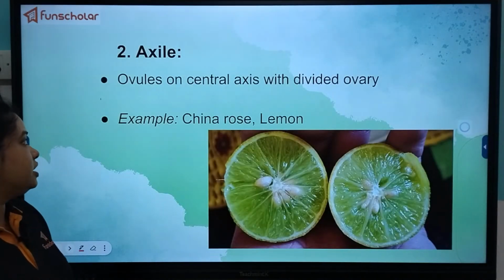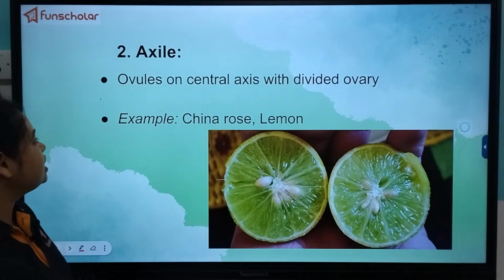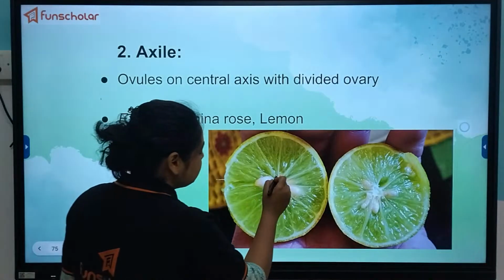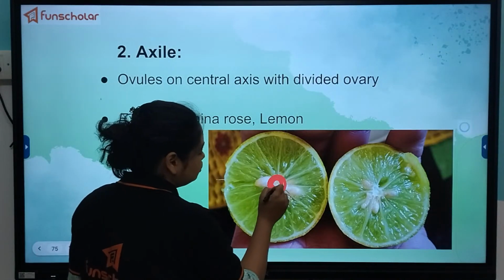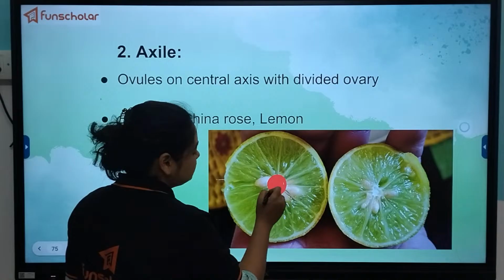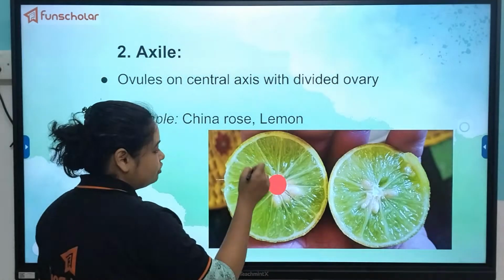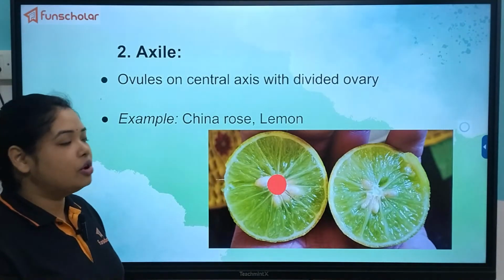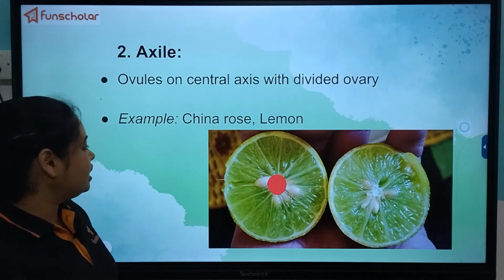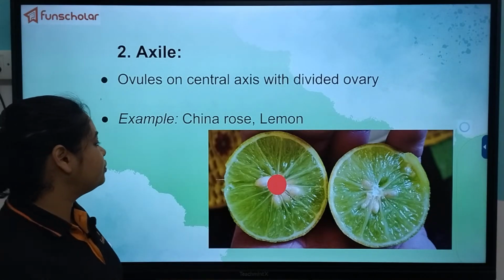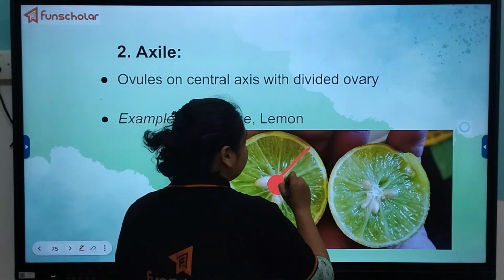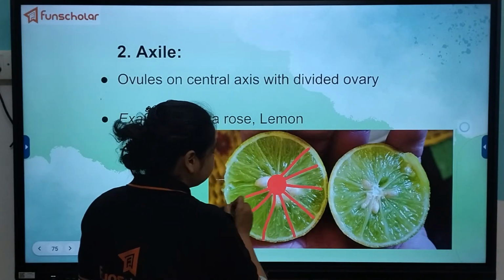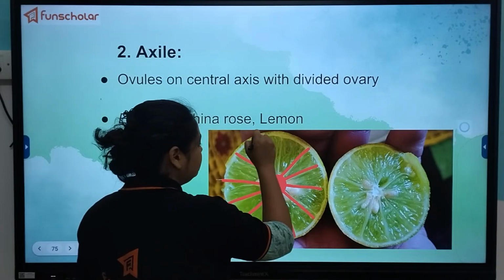Now, axial placentation. Axial placentation shows ovules on the central axis. If you see from the top, or in the cross section, this is the central axis which will pass centrally through the fruit of the lemon or any other citrus fruit, and the ovary is multilocular. You can see here the membranes which divide the ovary chamber into many.